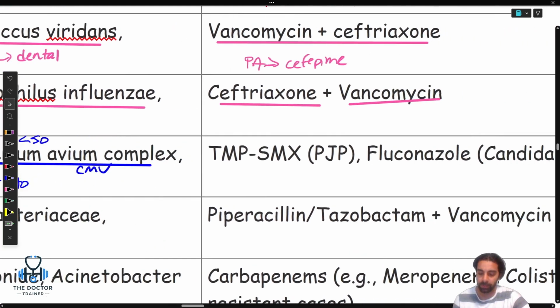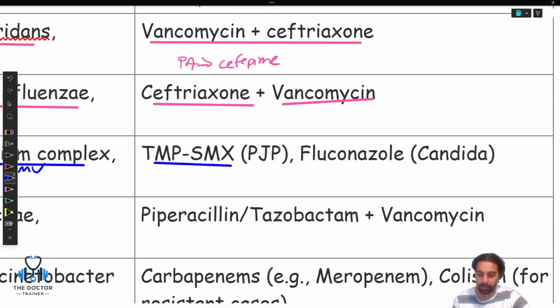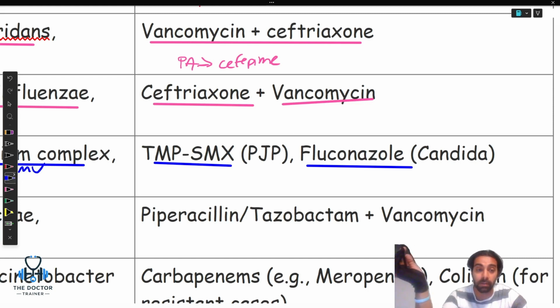For PJP, doing something like Bactrim is not a bad idea. Depending on what type of candida it is, if it's just esophageal candidiasis, fluconazole is fine. I mean, if they're bacteremic, just like MRSA, candida can really spread anywhere. It can seed into bone, it can seed into the heart causing endocarditis, and it can go into the eye.